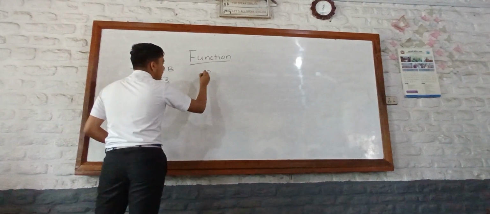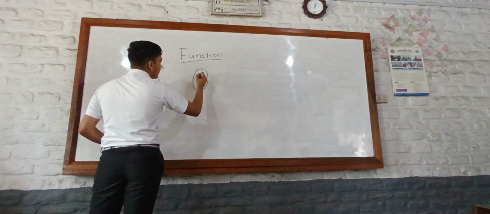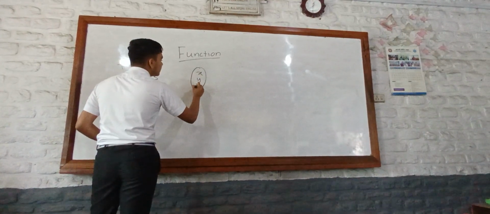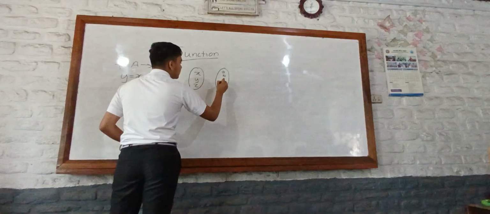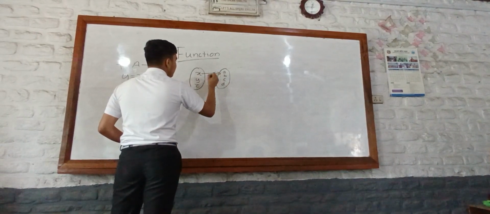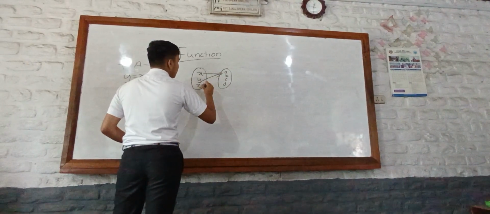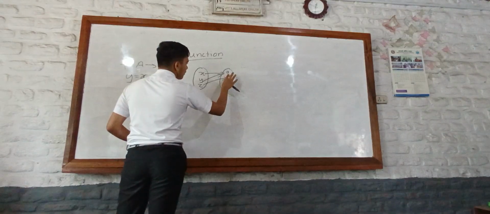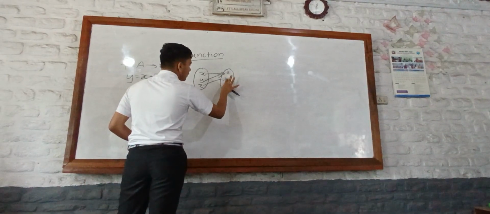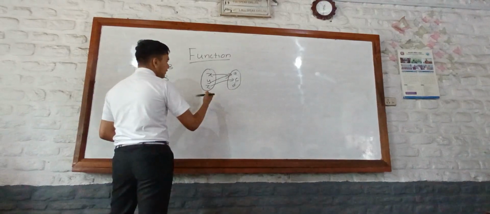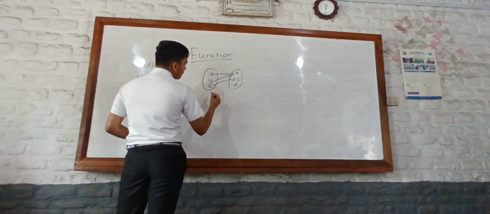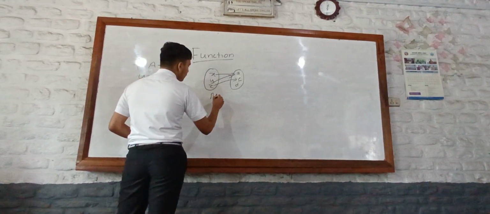A function can also be represented in a mapping diagram, x, y, and z. Let's suppose this is A, B, C, D. This is one of the functions, which is a many to one function.